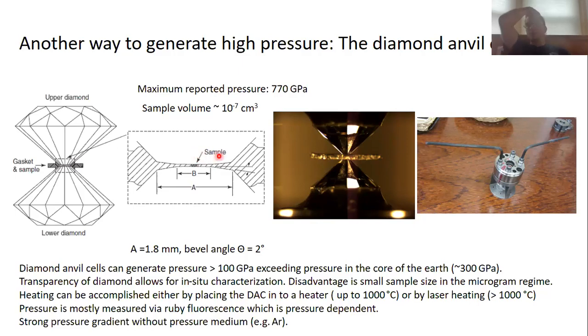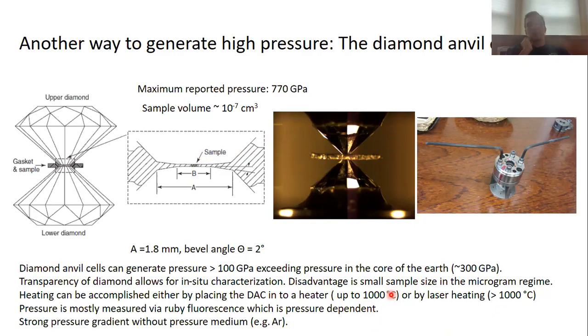Okay, you can also heat a diamond anvil cell, and there are various methods to do that. So for relatively low temperatures, you can just place the entire diamond anvil cell into a furnace. That works for temperatures up to about 1000 degrees Celsius.